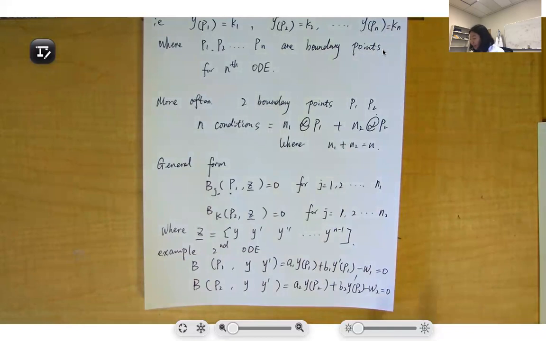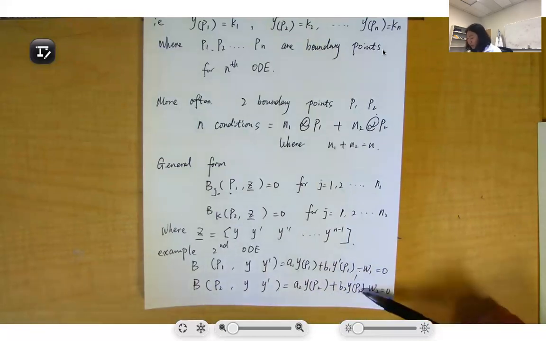So that is an example of the general form of a second order ODE with boundary value problem. It means that the first condition passes through P1 with y and y prime at P1, and at the second point you have y(P2) and y prime(P2).